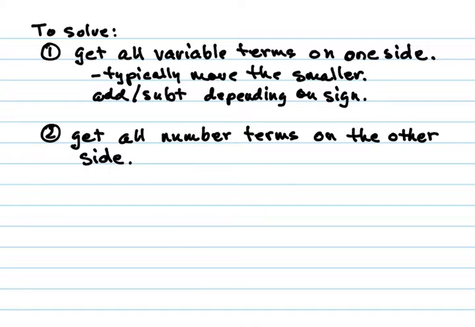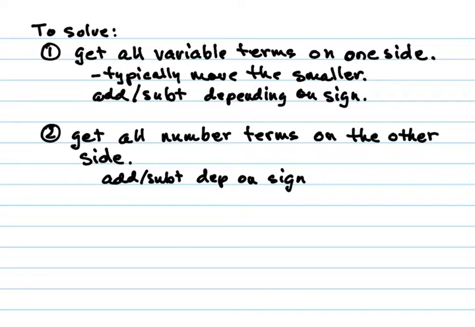So 5, -7. Can't have any letters in it at all. And again, now this time we don't move the smaller one. We don't care. We want the variable or the letter to tell you which side to move it to. But you're still going to add or subtract depending on the sign. If it's a positive, you'll subtract it. If it's a negative, you'll add it.